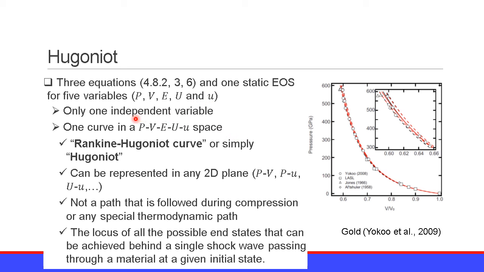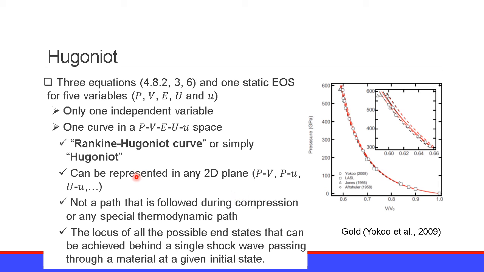Therefore, there is only one independent variable. So we have one curve in P, V, E, U, small u space. This curve is referred to as the Rankine-Hugoniot curve, or simply the Hugoniot.